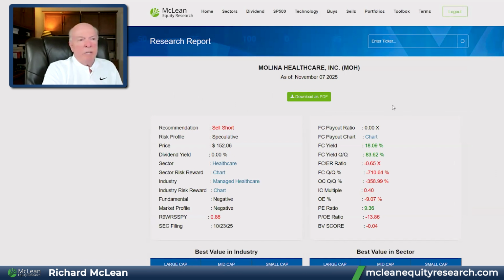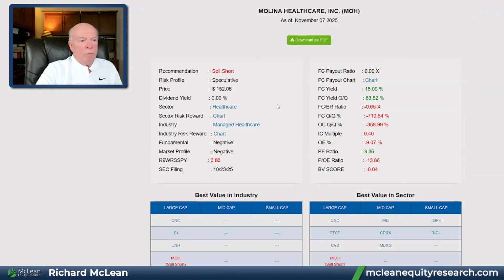Now, in some cases, say if you put $10,000 short here, you could also buy $10,000 of SPY and work the spread. But what you'll find as you start using this, we have a market profile. If this market profile turns positive, we will probably leave, no matter what the fundamentals are doing.